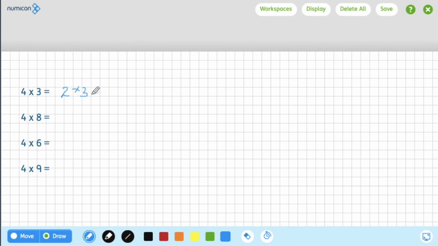And you guys are super doublers, so we know that 2 times 3 is 6. And then I just have to double it again. So I just multiply that again by 2. And all of a sudden I have 12. I know that 4 times 3 is 12 because 2 times 3 is 6, and I double that again to get 12.